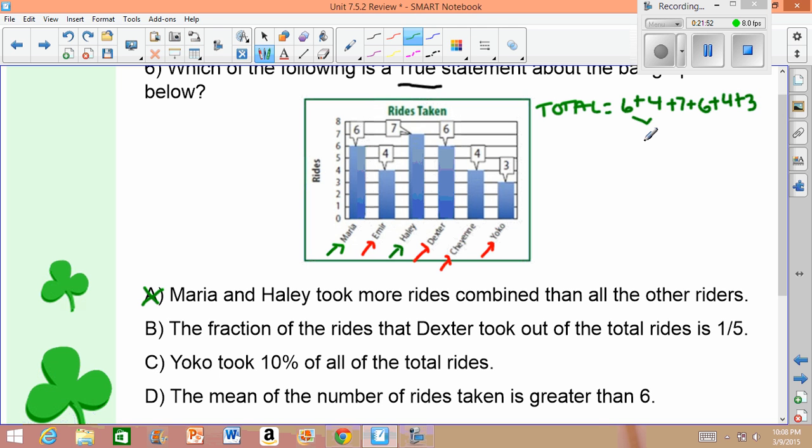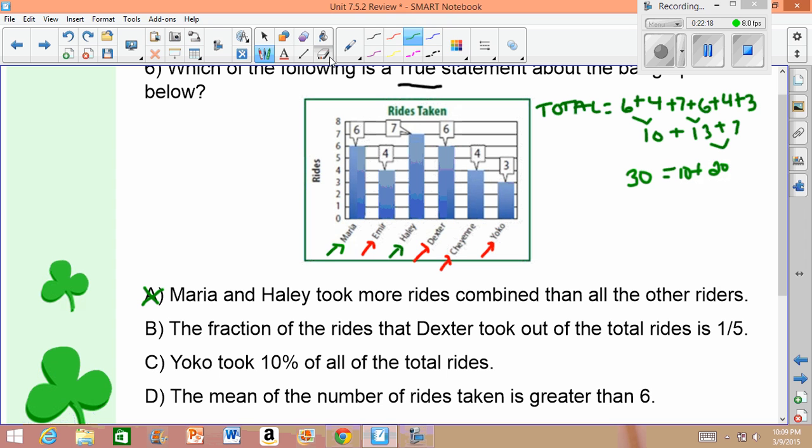So we add all this together, that's 10 plus 13 plus 7. So that gives me 20 plus 10, and that gives me a total of 30. So I know our total is 30.